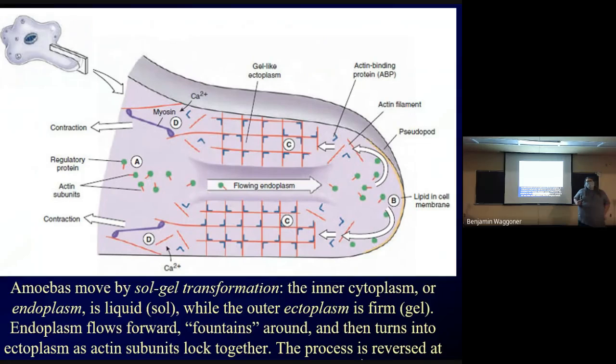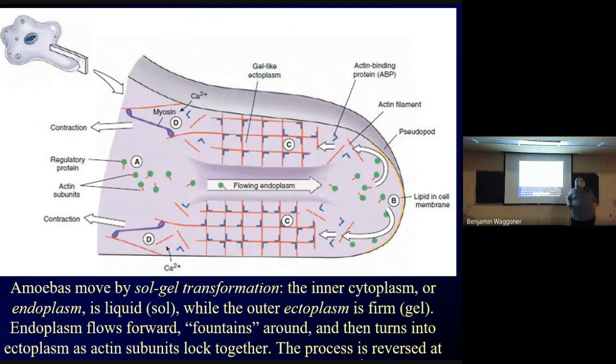And exactly how they move is still not 100% understood, but the basics are that amoebas can make their cytoplasm take on one of two different states called sol and gel. Sol is a liquid state, it flows easily, it's runny.